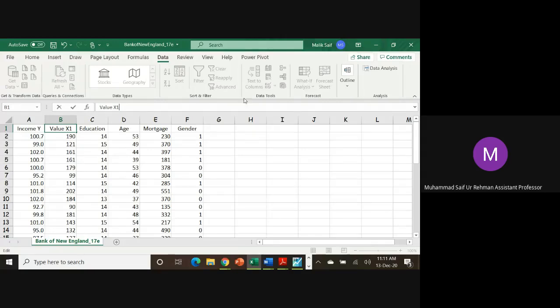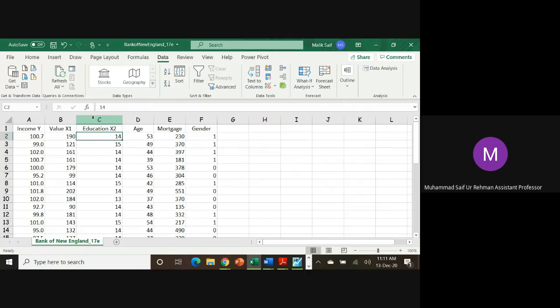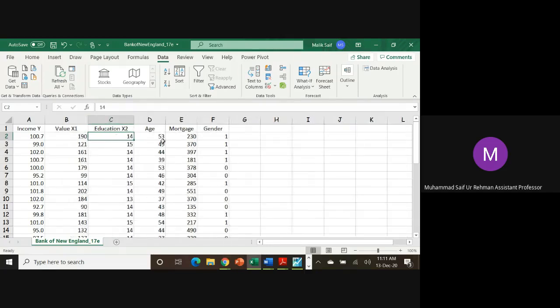Okay, similarly, this is the other explanatory variable, and we may know it as x2. And by x2 we mean the education level of the residents of the area which you are surveying. Similarly, age may be represented by x4, and by age we mean the age of the residents. Similarly, this is mortgage.